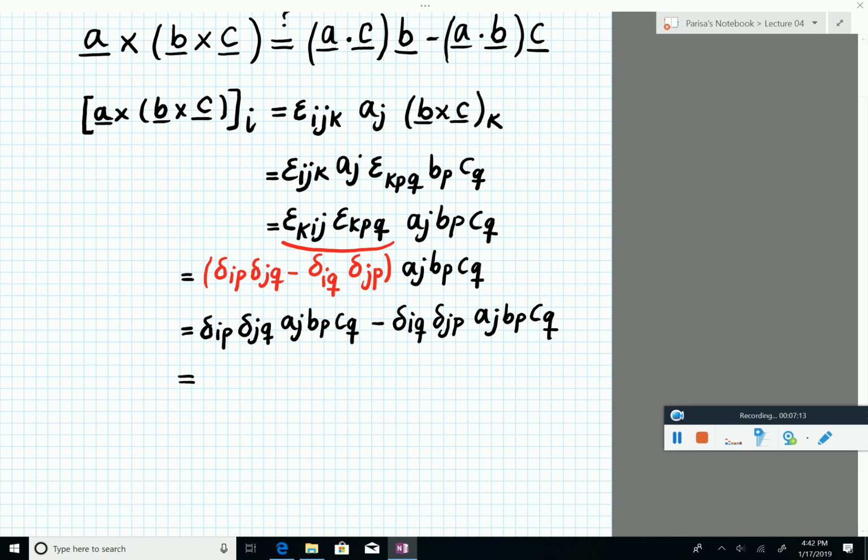Now, again, if you didn't get a chance to work on it at home, take a few seconds and see if you can reduce that such that it looks like the right-hand side.